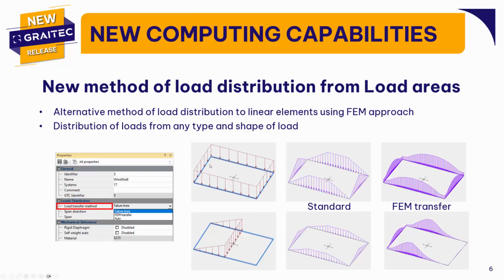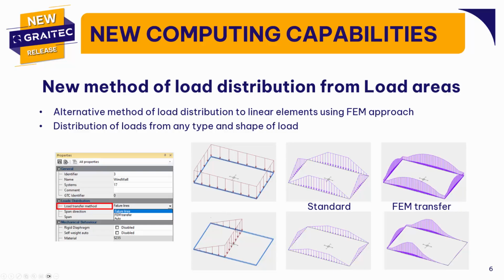So for example, here I have my two-way load area with a distributed load, and this is going to be the standard distribution. And if you want to have a very detailed distribution based on stiffness, etc., we also added this option here. Same thing for this triangular distribution, as you see down there.